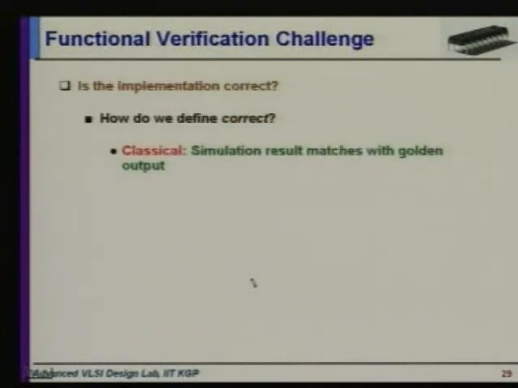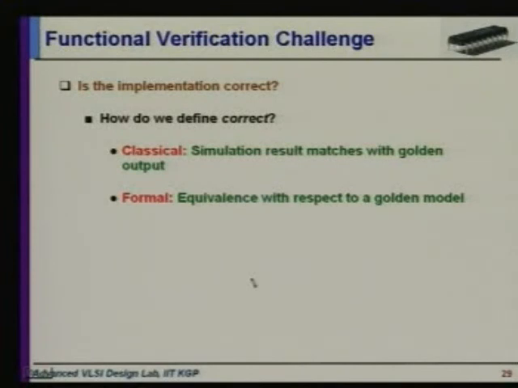When we talk about functional verification, we want to make sure: is the implementation correct? How do we define correct? The classical way of defining correct is to check whether the simulation result matches some golden output. So we simulate the design and then check whether it matches the intended output.